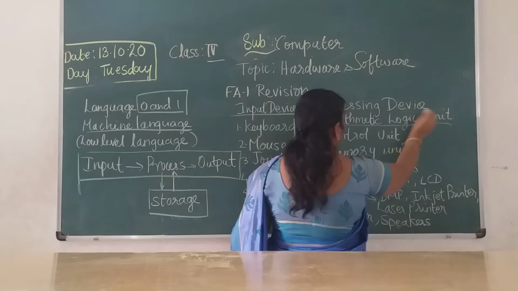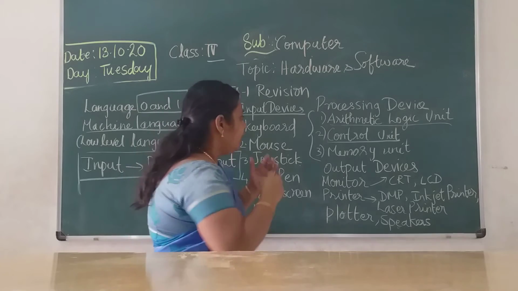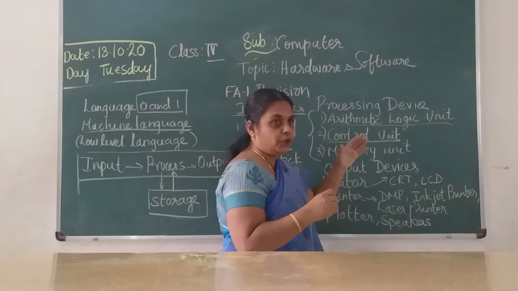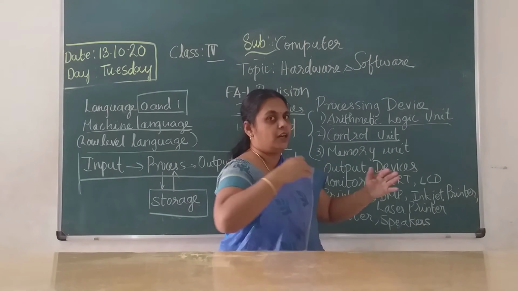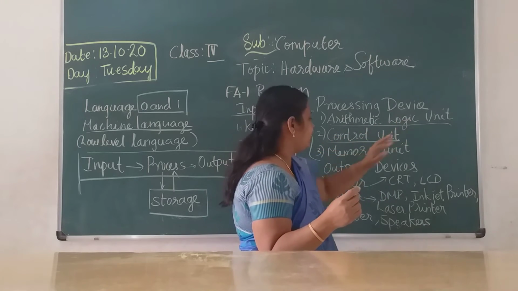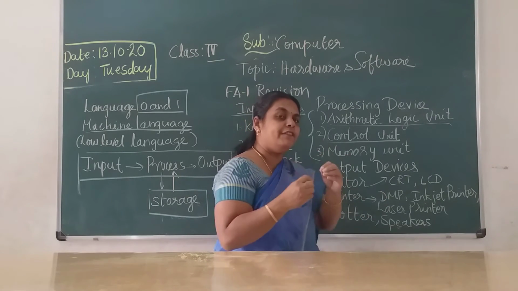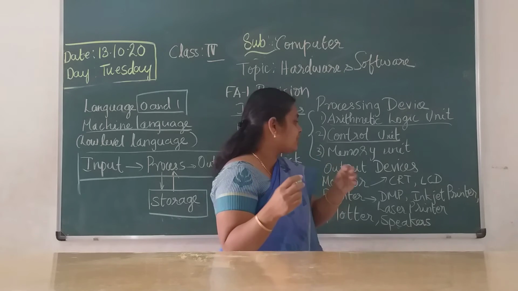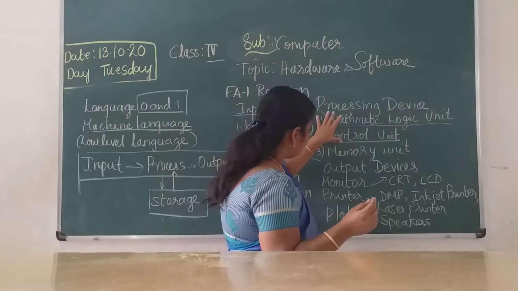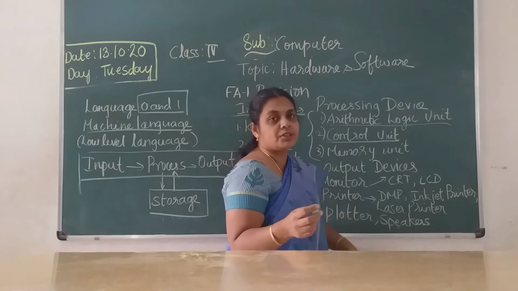The control unit controls whatever instructions you give, deciding which task or instruction comes first, acting as a control between the arithmetic logic unit and the memory unit. For everything we need memory space in the CPU, and for that you have the memory unit. These three together coordinate and work, and that forms your processing device.